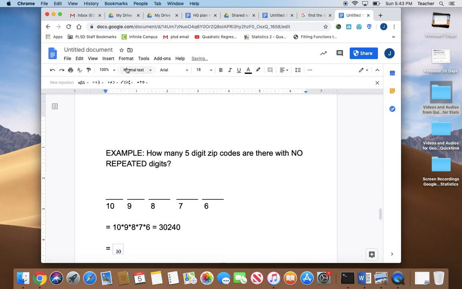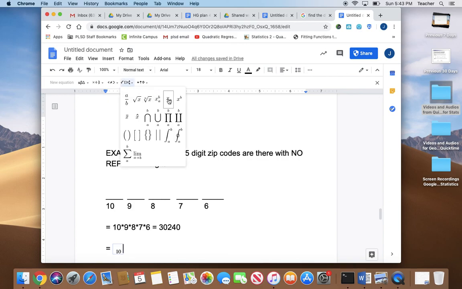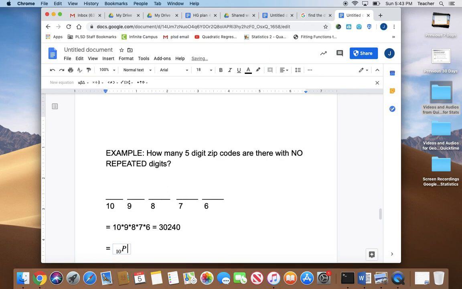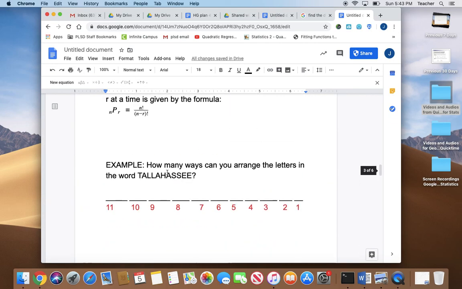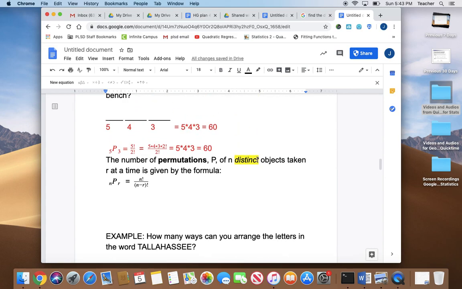10 permute 5. Okay, I have 10 digits. I'm taking 5 at a time. They're all distinct. So if you go back real quick here in this formula, I highlighted the word distinct. Distinct meaning none of them are repeated. So I have how many 5-digit zip codes can I make?